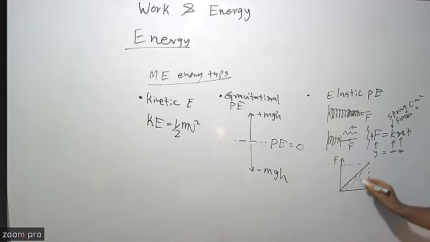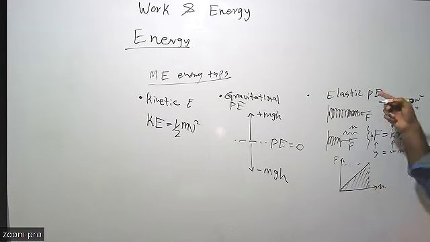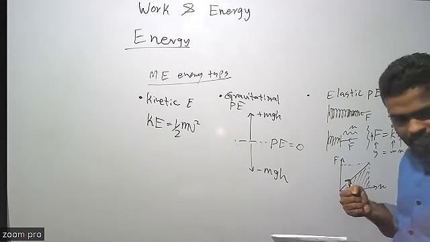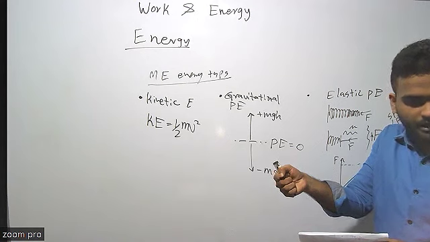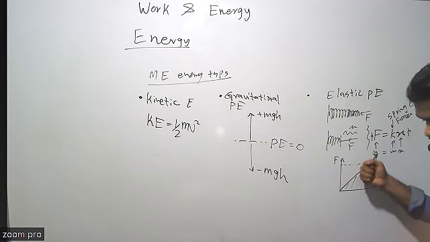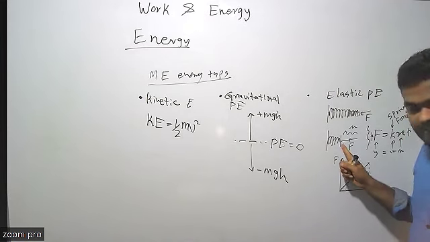The area of this graph is going to be the elastic potential energy, because the work we did to do the compression is stored as potential energy in the spring.